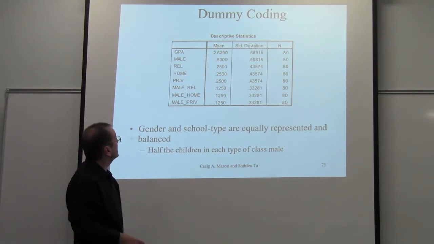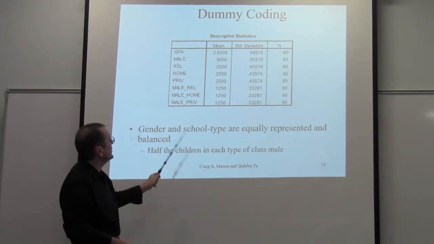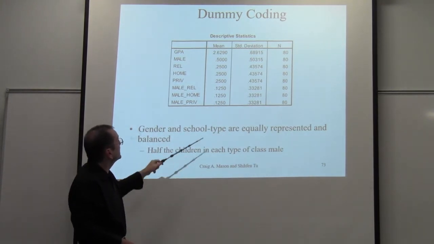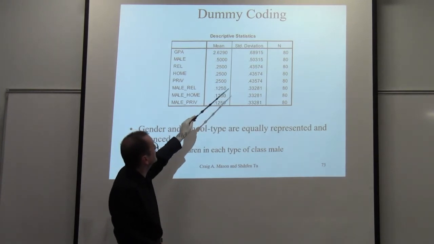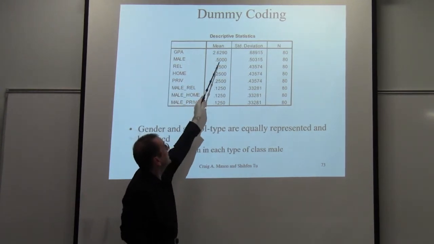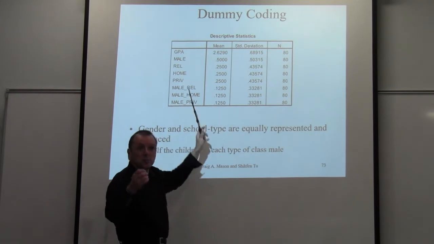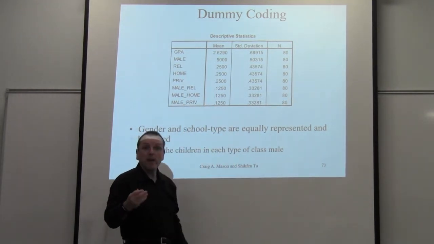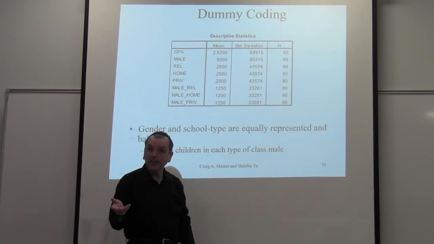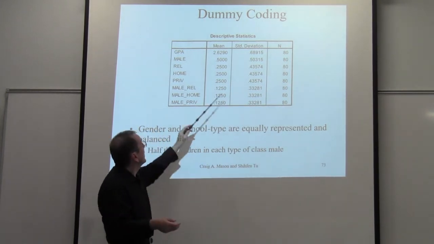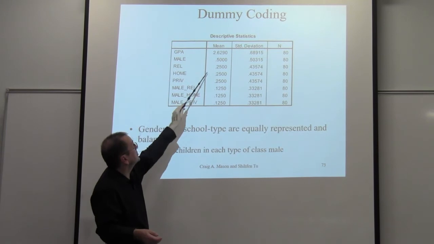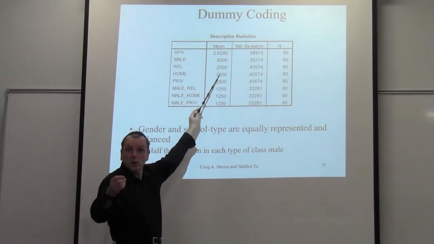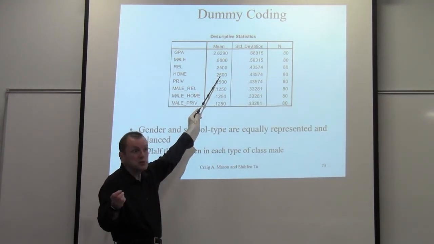Now here's some descriptive statistics. Because everything's equally represented, it's kind of nice and clean. Male was dummy coded 0, 1. Because the mean is 0.5, that tells us half of the kids are male. Religious is 0.25, that tells us 25% of the kids are in religious schools.